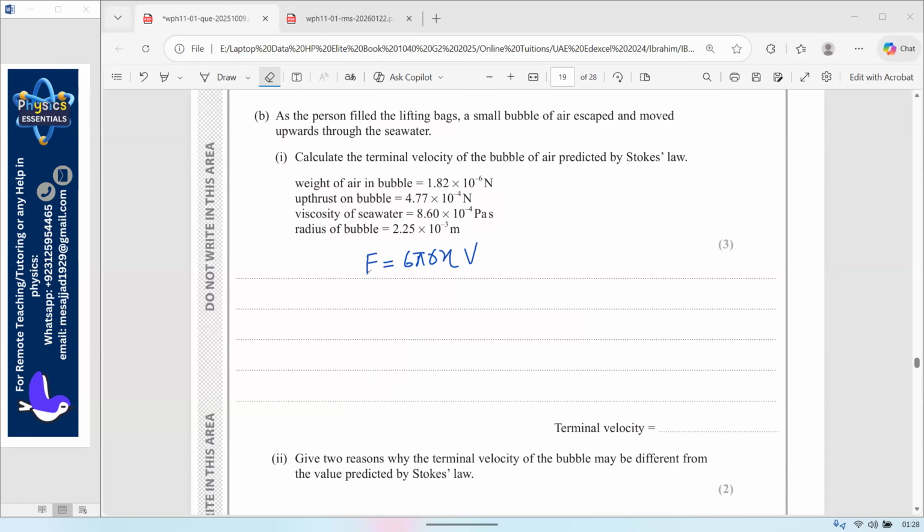The weight of the air bubble is 1.82 times 10 raised to the power minus 6. The upthrust is this, and the viscosity of seawater is this.